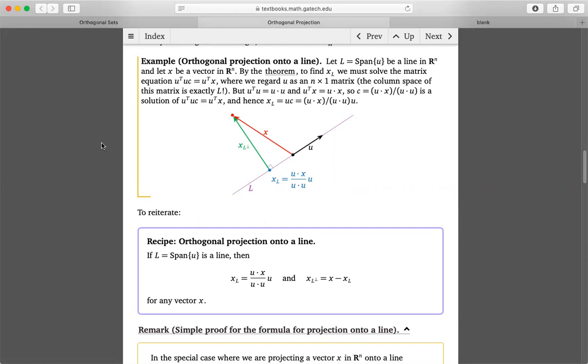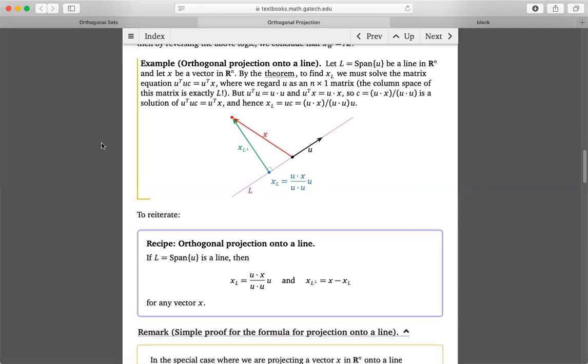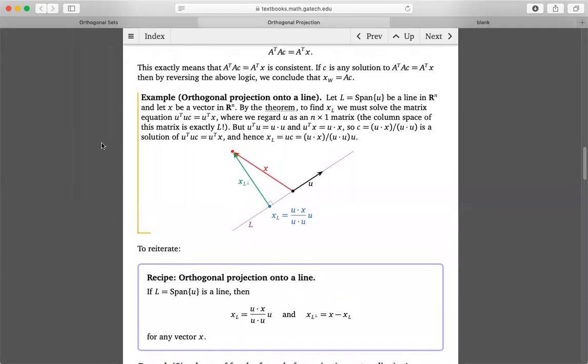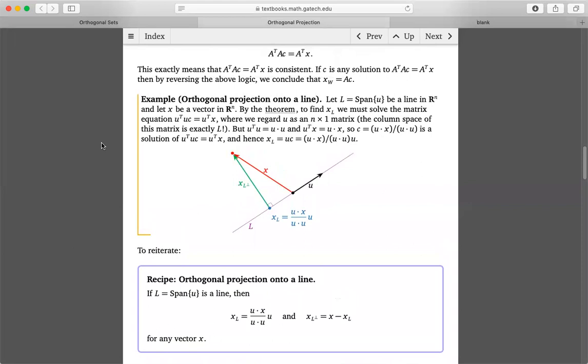The link will be in the description. So if you want to check it out for yourself, feel free to check it out. It's always very helpful in my opinion. So first, before we get into the Gram-Schmidt process, we want to determine how to even find an orthogonal projection and get a really good understanding of what that means.